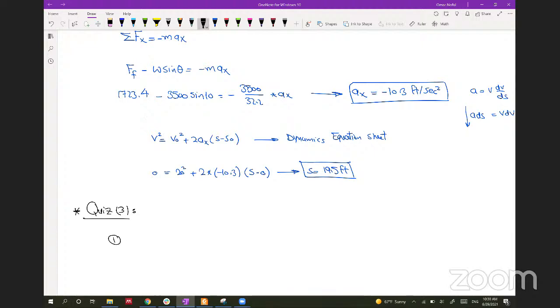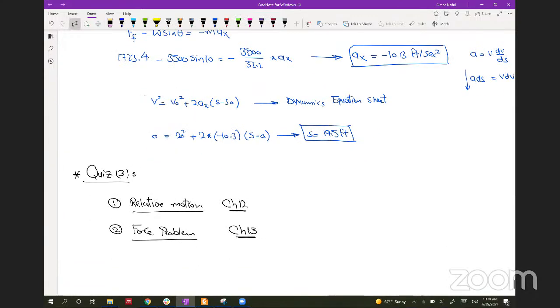One will be on the relative motion from chapter 12. And number 2 will have a force problem from chapter 13. So there will be a problem from chapter 12 and a force problem from chapter 13.